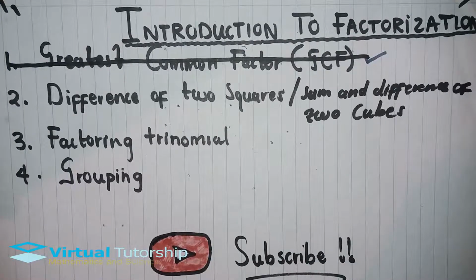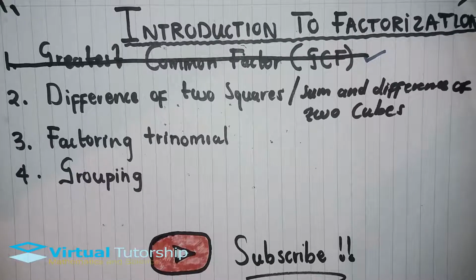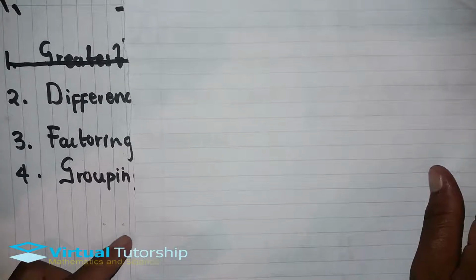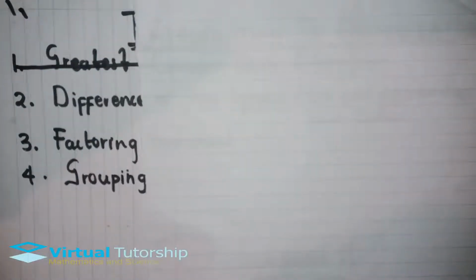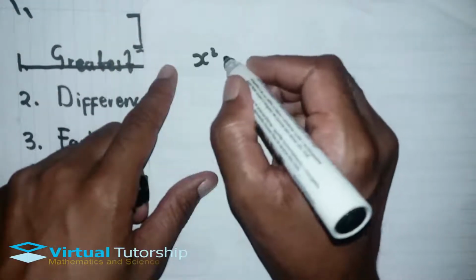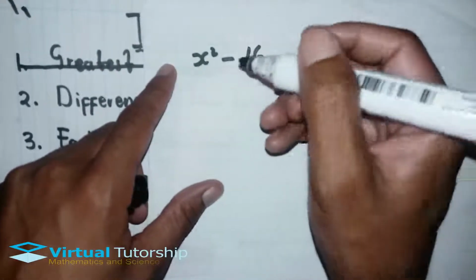But then for this video sokhuluma the difference of two squares and the sum and difference of two cubes. Let's take an example. Let's say x squared minus 16.